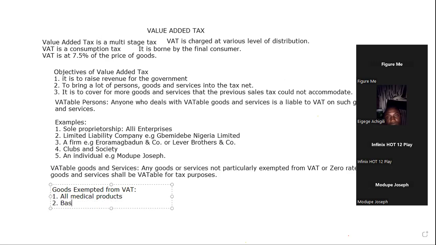Two, basic food items. Three, baby products. You could be asked of these things in the exam, like you should mention five or six. Four, books and educational materials. The word to note there is educational materials. Five, we have fertilizers.